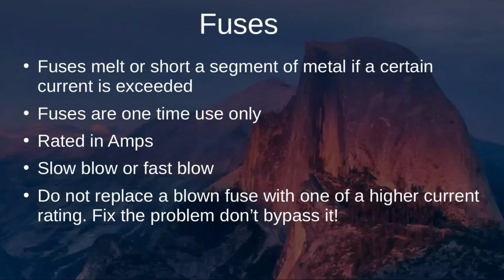If a motor is initially activated, it'll draw a significant amount of current for maybe a few seconds, and then it'll go down to a much lower basal level of current usage. So you don't want that fuse to blow immediately, because that's what the motor needs to do to start up. So you want to utilize a slow blowing fuse for that and not a fast blowing fuse. Otherwise, you'll have to replace the fuse every single time you start the motor.